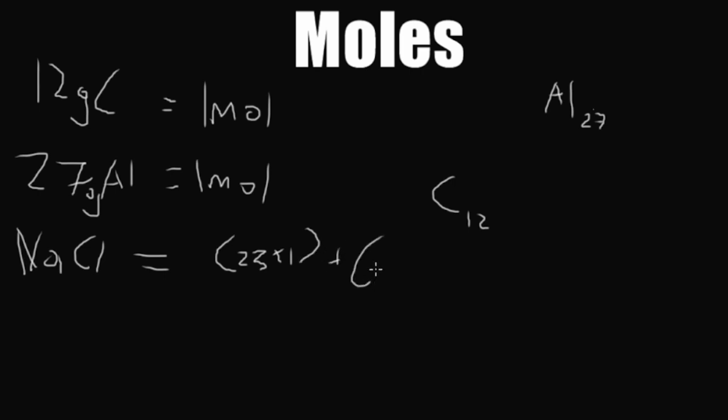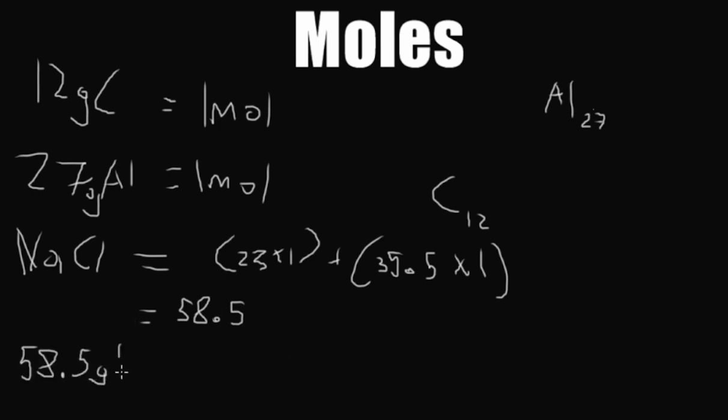And chlorine has a relative atomic mass of 35.5, and there's 1 atom of chlorine. We'd add these two together to get the relative formula mass, which is equal to 58.5. Note that relative formula mass and relative atomic mass do not have units. But we can now say that 58.5 grams of sodium chloride will contain 1 mole of particles.